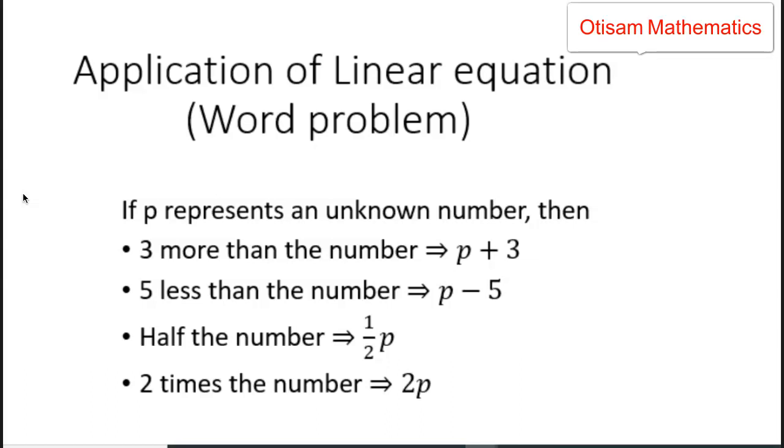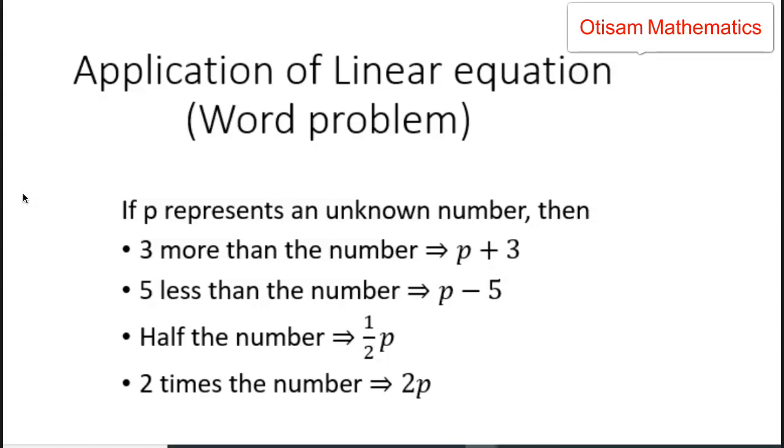But before we go to some examples, there are some key things that you need to know when you want to write down your equation. Okay, so on the screen, if P represents an unknown number, then when we say 3 more than the number, we write P plus 3.